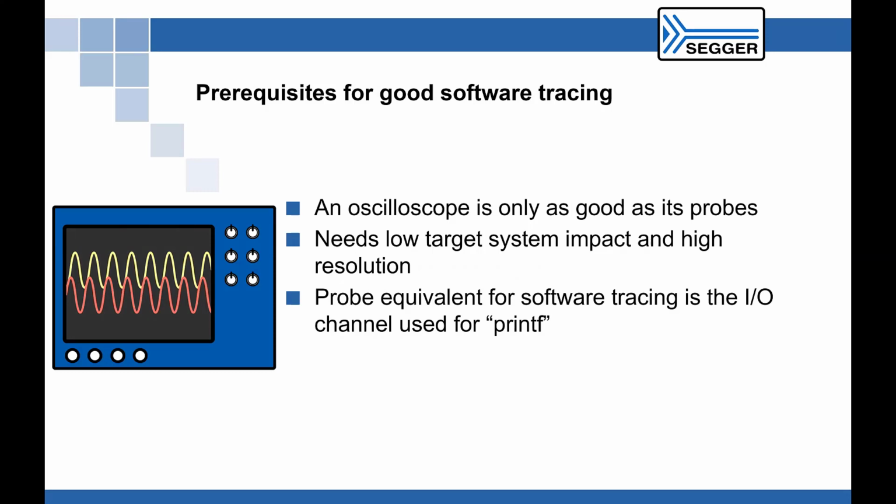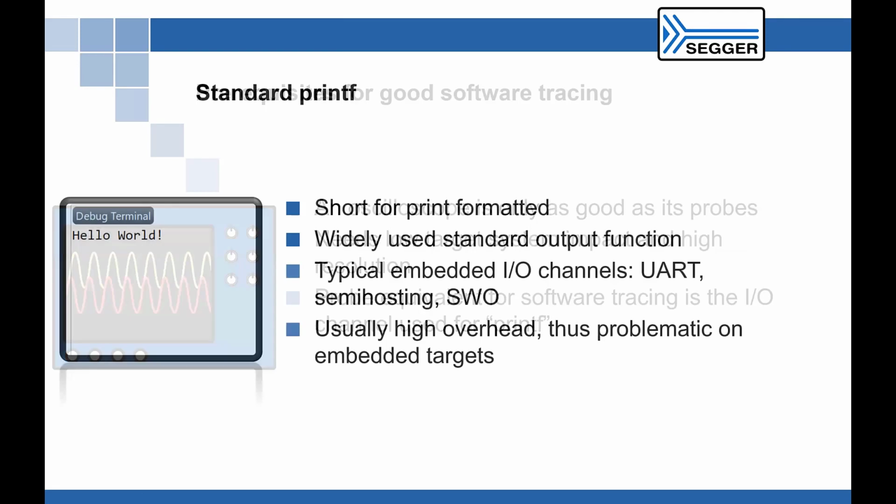At the same time, you want a very high resolution so you can pick up even the smallest changes in your system. The probe equivalent in this metaphor is the I/O interface that you're using to extract the data from your target device to your host PC for further analysis. And this is something we will talk about now.